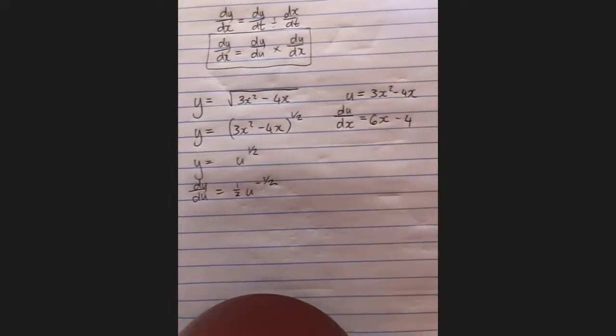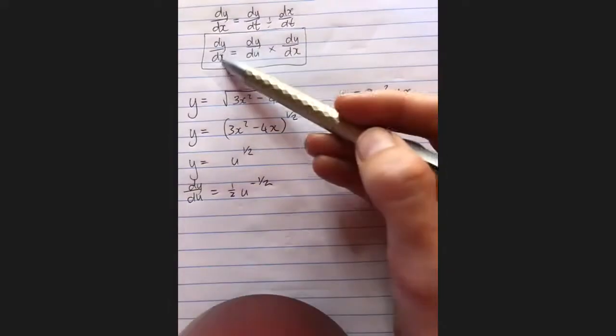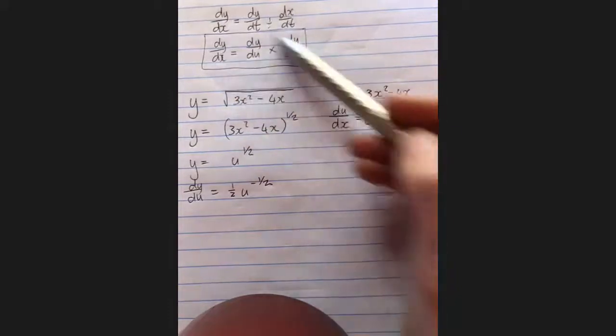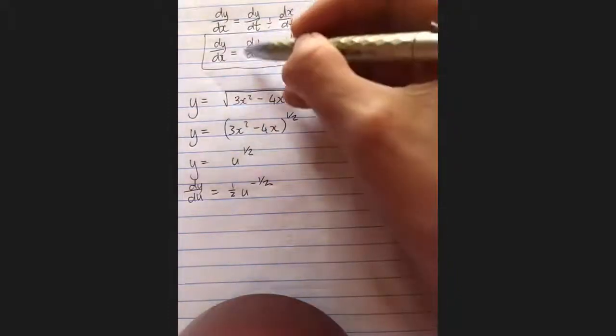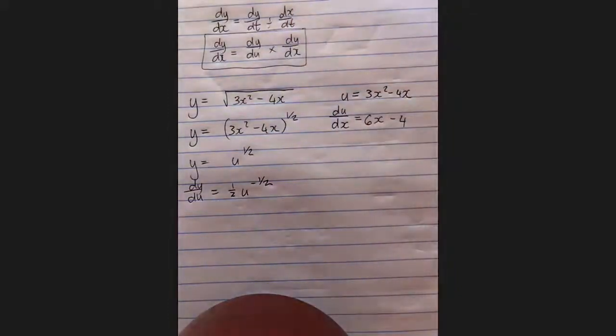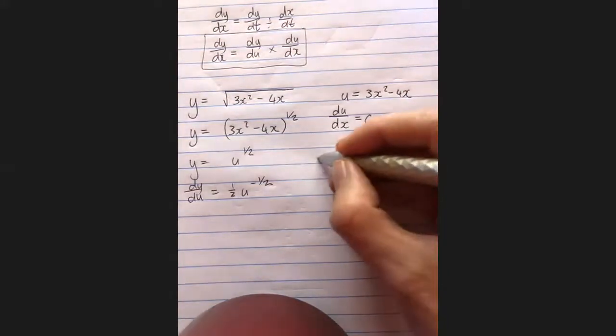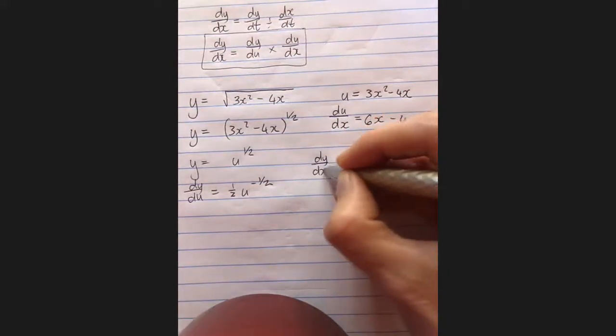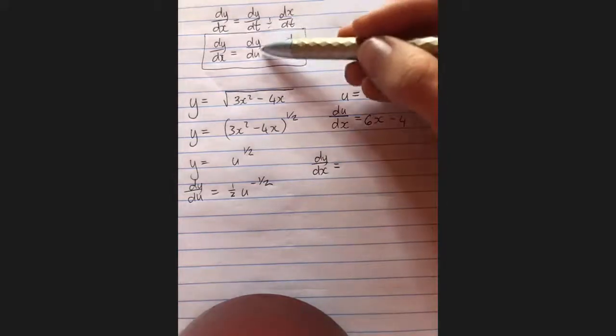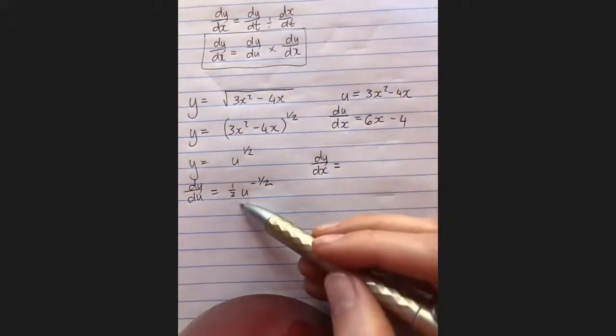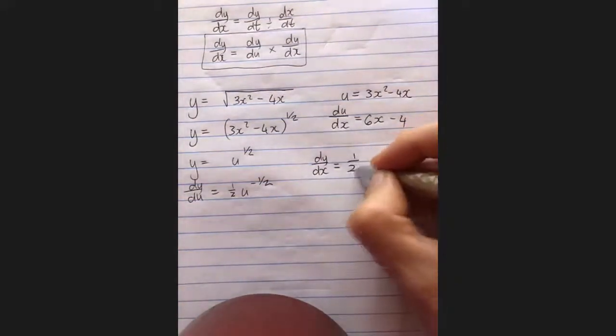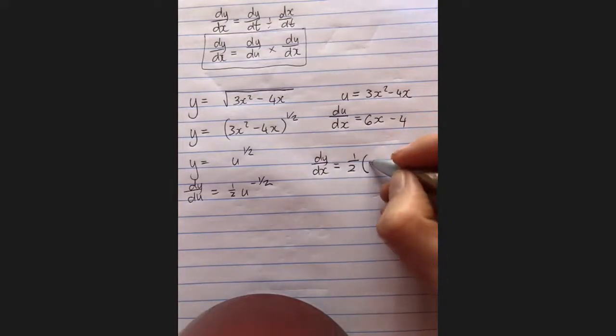Then I want to remind you of this formula that I wrote down. It still works out if you look at the bigger formula. If the du's cancel out, they are equivalent. So let me just write this down. dy/dx is equal to dy/du, which is this guy. If you want to, you can even bring back what your u was equal to.